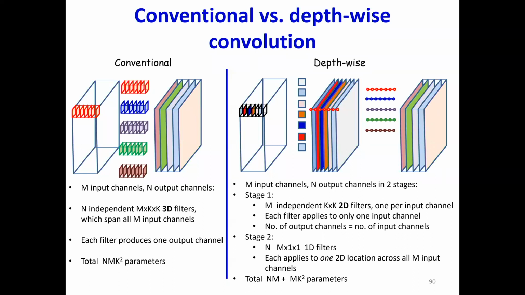Is there any strict relation between n and m? m is the number of input channels, n is the number of output channels. Is it guaranteed that it has to be equal or greater? No. Remember, this is just a standard convolutional network. The number of output channels depends on the number of filters, right? We said there was no real relationship between the two.